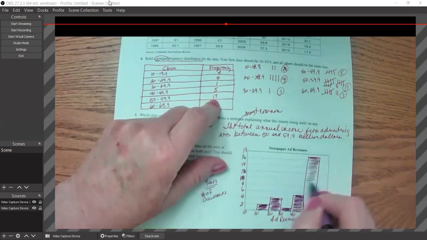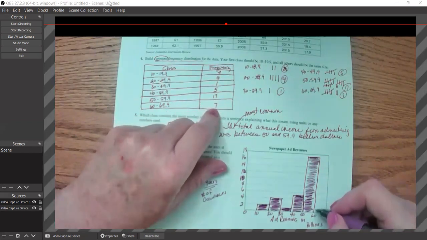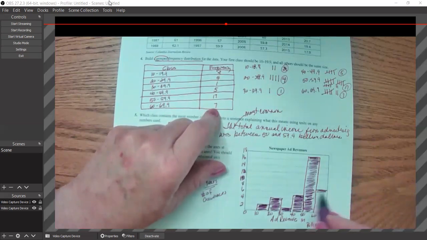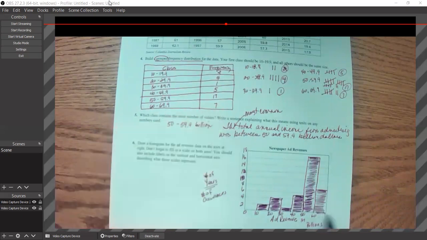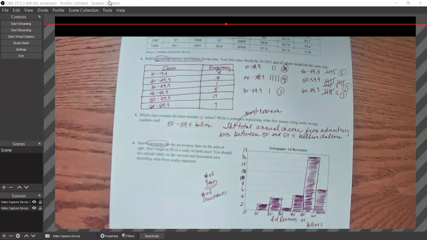That's by far the most frequently occurring advertising values, advertising income. And then down to 7, between 60 and 69.9, we're going to go to 7. As that will be your histogram. So we learned frequency distribution, grouped frequency distribution, and histogram as a modeling technique.